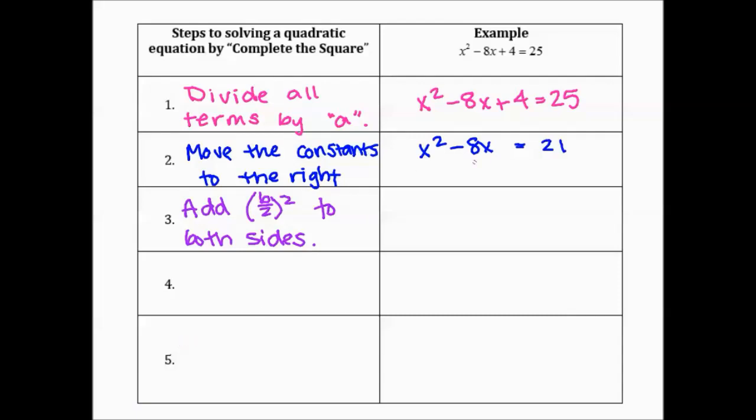So in this case, b is negative 8. So I'm going to do this off to the side here. If I have negative 8 divided by 2 squared, negative 8 divided by 2 is negative 4, and negative 4 squared is 16. So I want to add 16 to both sides of this equation.